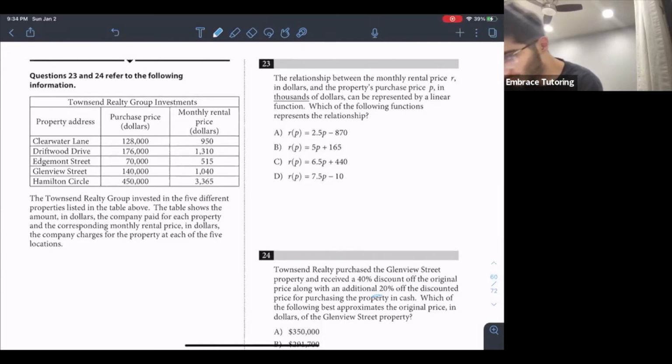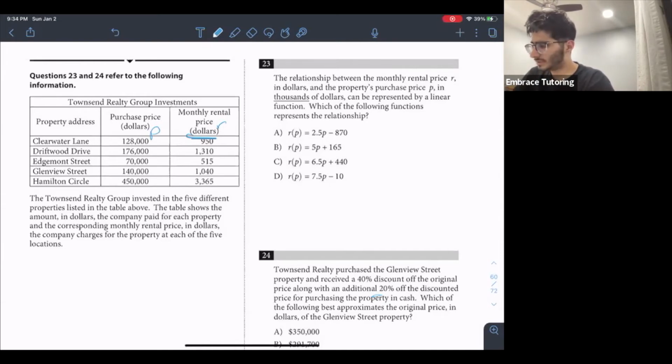And so the relationship between the monthly rental price, this is R, and the property purchase price P in thousands is represented by a linear function. Which of the following functions represents the relationship?